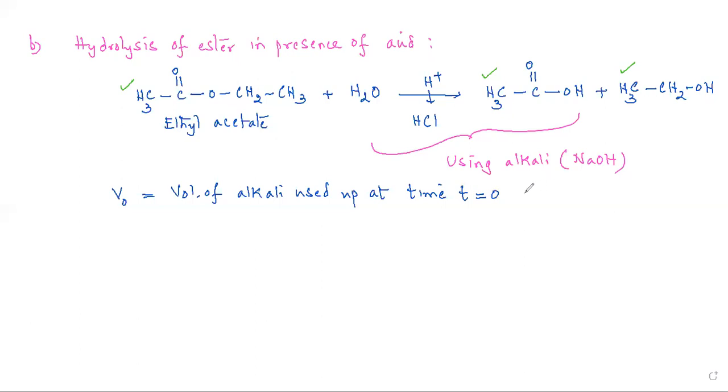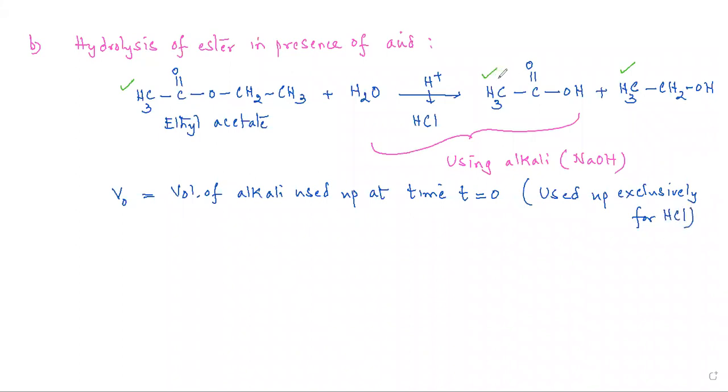This can be given as directly proportional to, or simply let us give it as the volume of alkali used up exclusively for the acid that we are using.